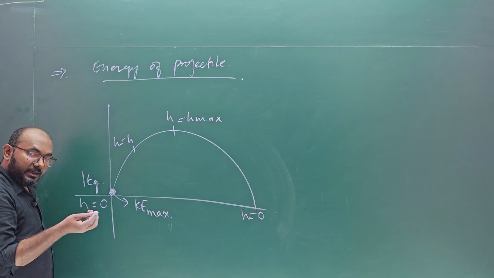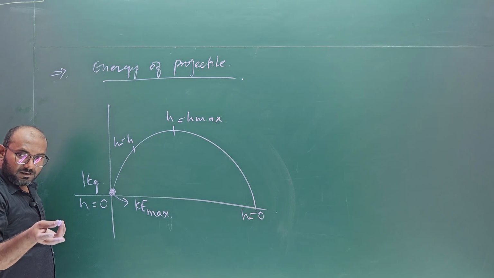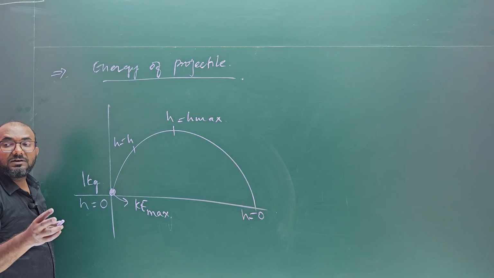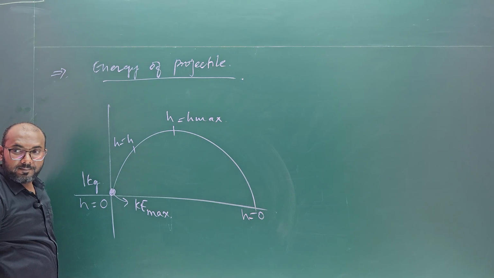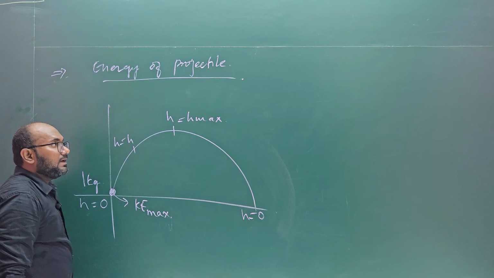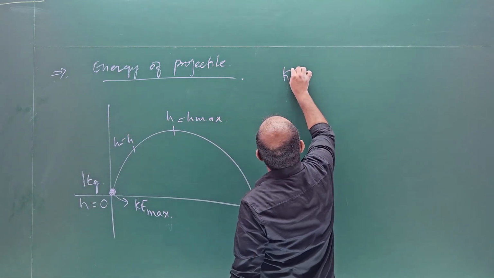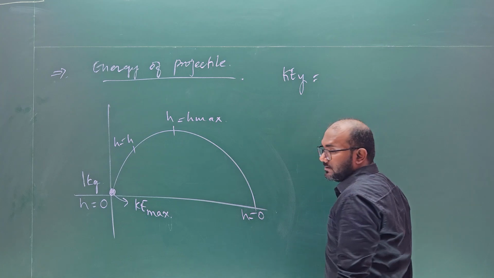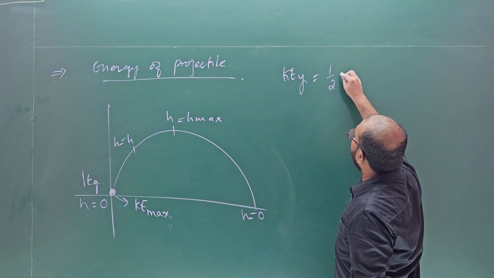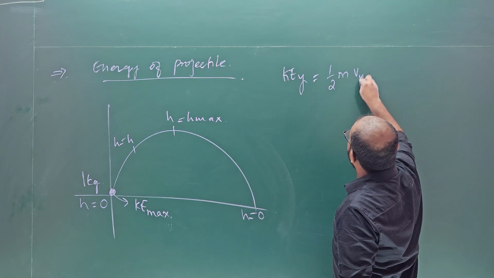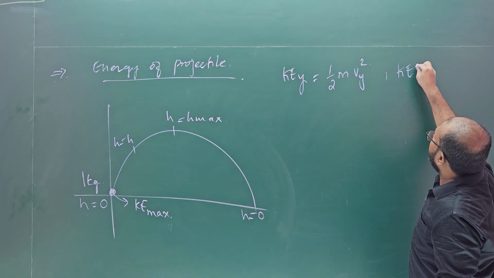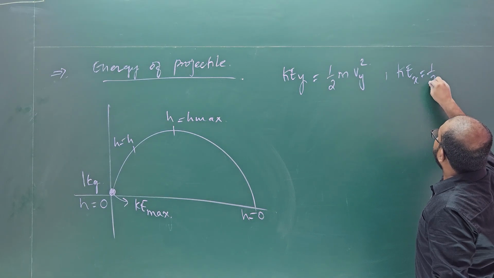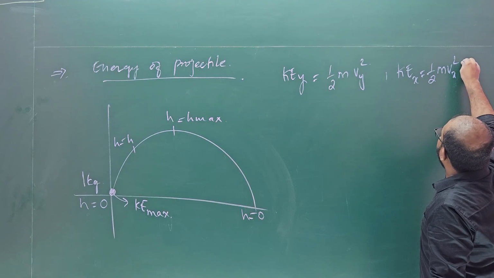Now, kinetic energy can be solved in two forms, along the x-axis as well as the y-axis. Why? Because velocity in both directions is different and the y-component is always changing. So kinetic energy along the y-axis is half m vy square, but kinetic energy along the x-axis is always constant, that is half m vx square.